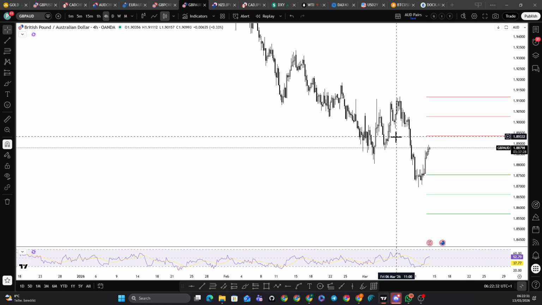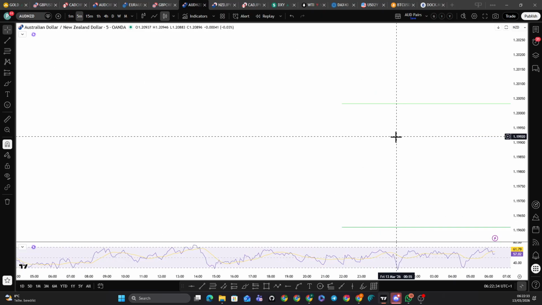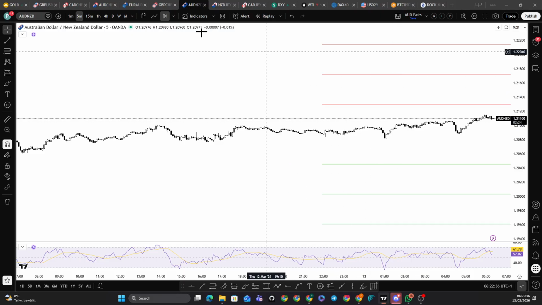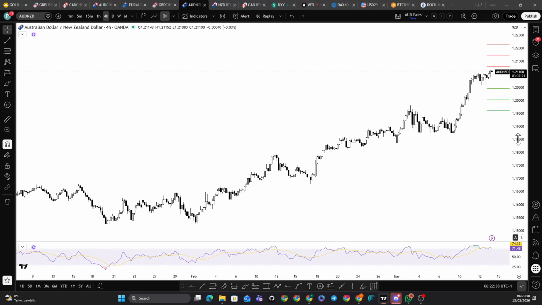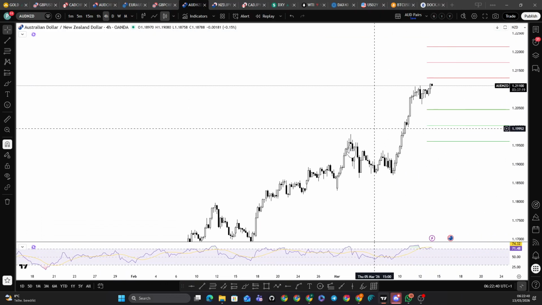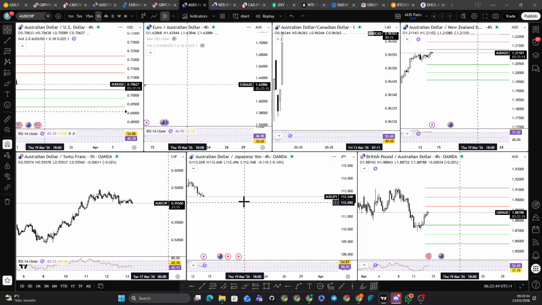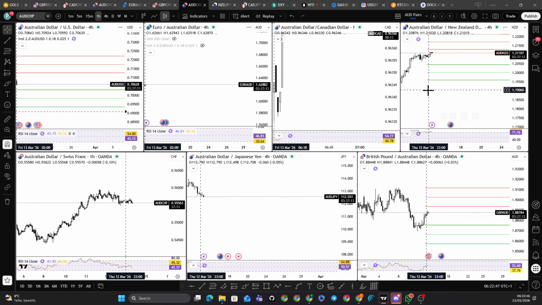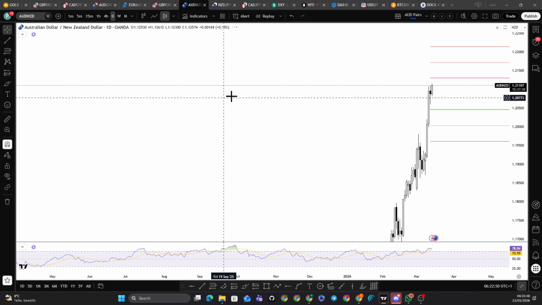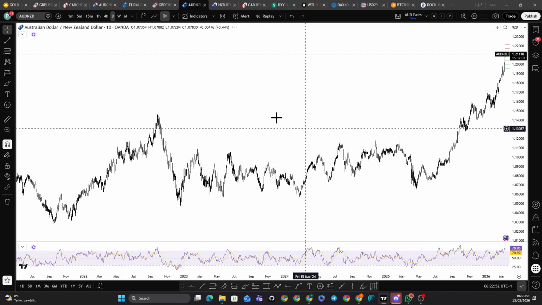So my main trading pairs will be AUD and NZD. I will further look into the Australian dollar and New Zealand dollar moving higher.